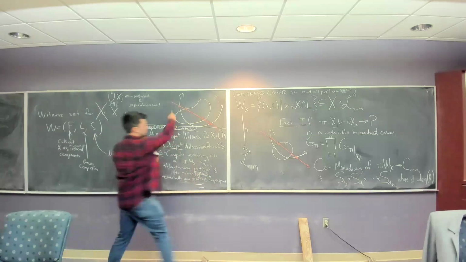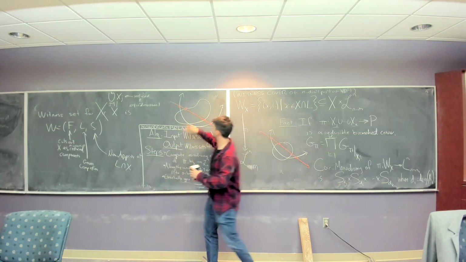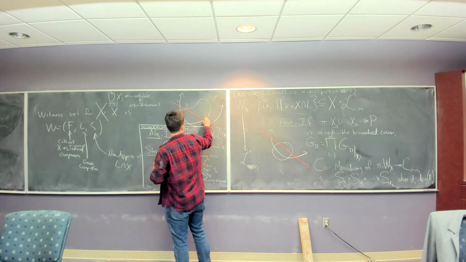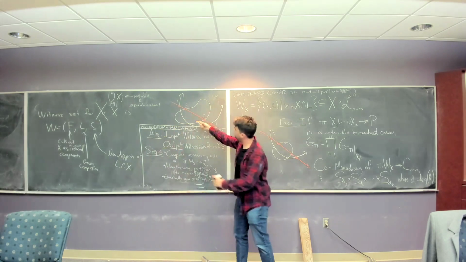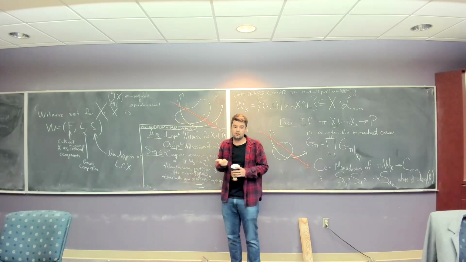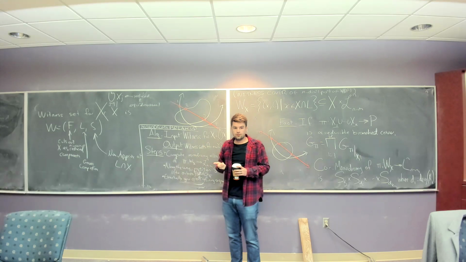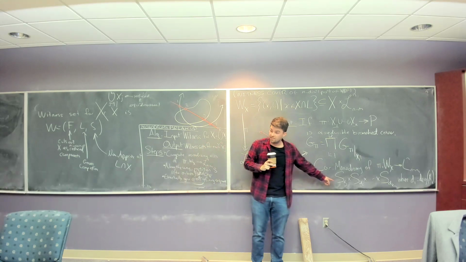So, look, there are four points in this intersection. Let's do a loop. So 1, 2, 3, 4. And I see, oh, when I did this loop, 2 and 3 swapped places. So those must be together in an orbit of the monodromy group. And so they must be points on the same component.